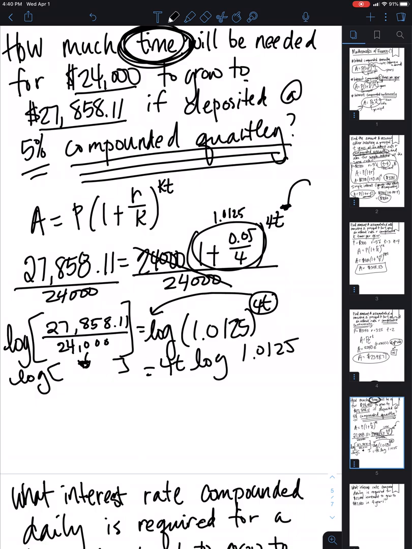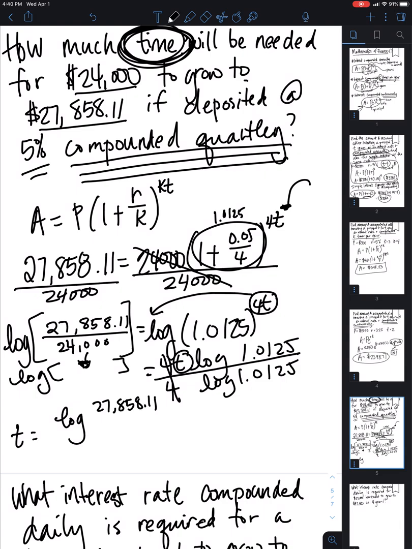Okay, and I'm looking for t, so I'm going to divide this whole side by 4, so get rid of 4, and log. So right now I have t equals log of 27,000, I need 24,000.